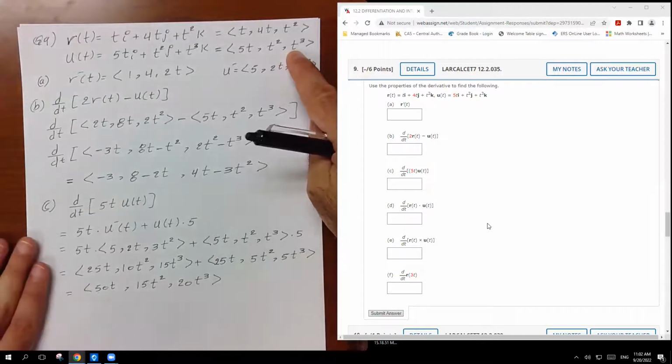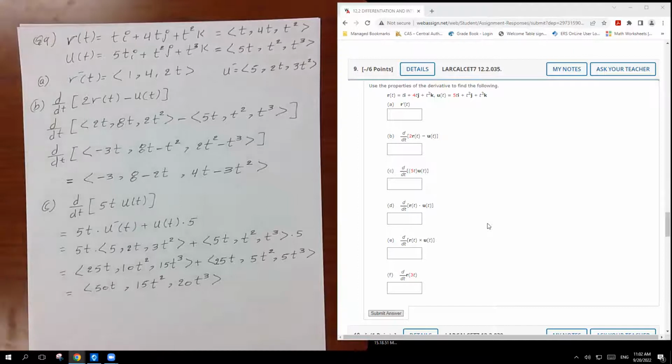So that's the difference. So this is for C. If you look to the D and E, it's a dot product and a cross product.